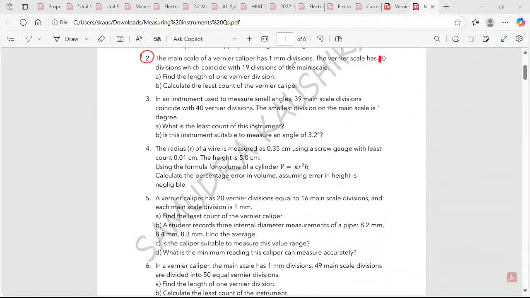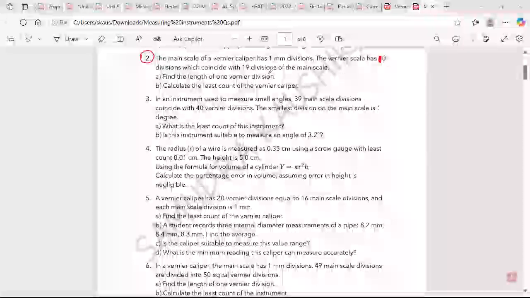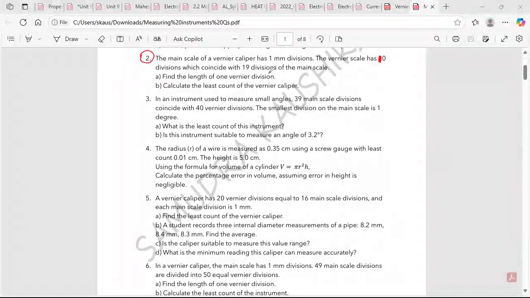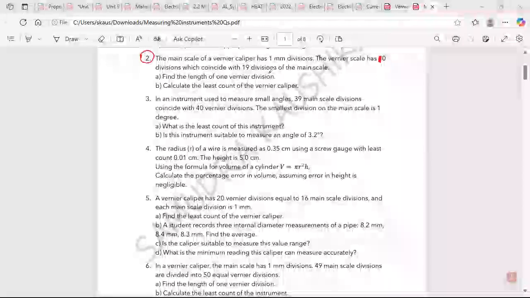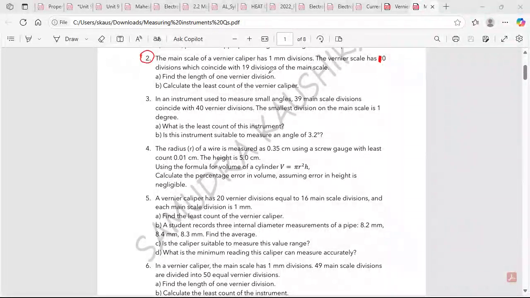Yeah. Vernier scale now not 20, it's 10. Like that's for homework.